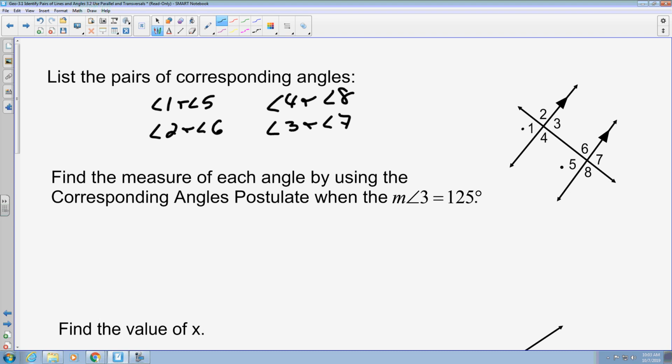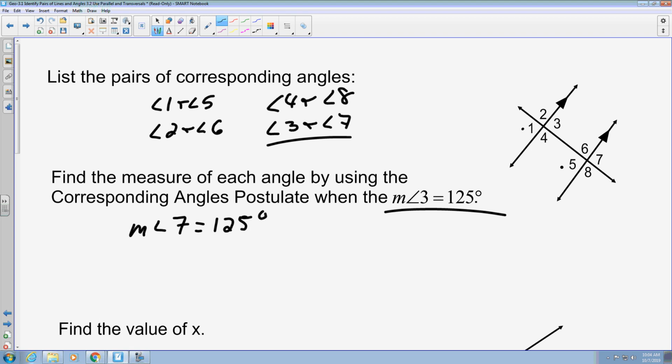Knowing that, they want us to use that postulate to help us find the measurements of the other angles, knowing that the measurement of angle 3 is 125. Through corresponding angles, the measurement of angle 7 is 125 degrees.